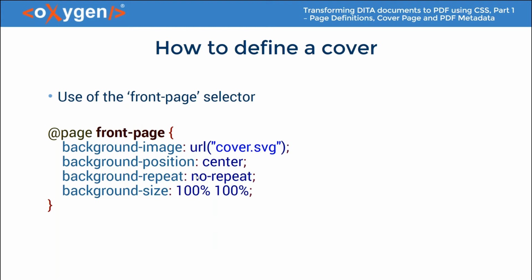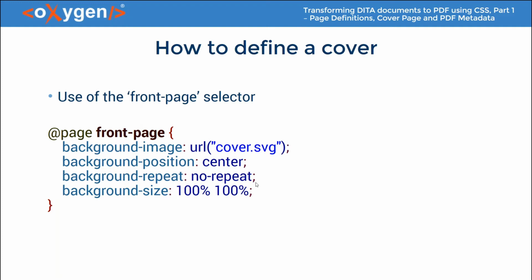This is used to avoid repeating the cover image. If the image is not enough to cover my whole page, by default the CSS processor repeats the image until the page is fully covered.